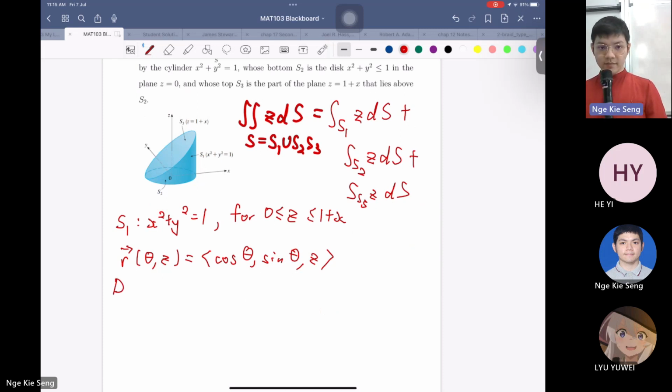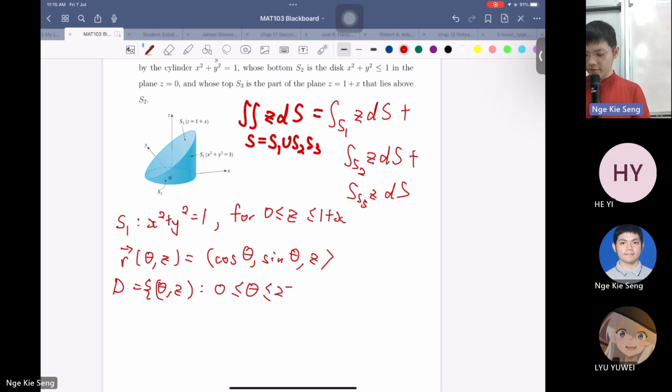So in the theta and Z variables, how do you express this? Where do you take theta from? You take it from 0 to 2 pi because you want the full circle, and the height goes from 0 to 1 plus x.